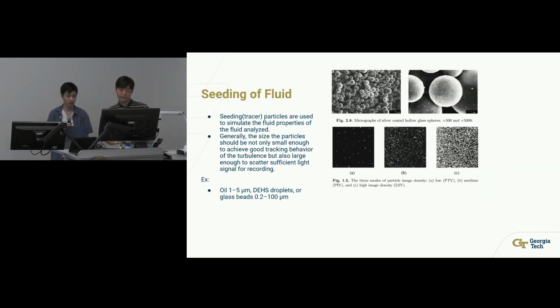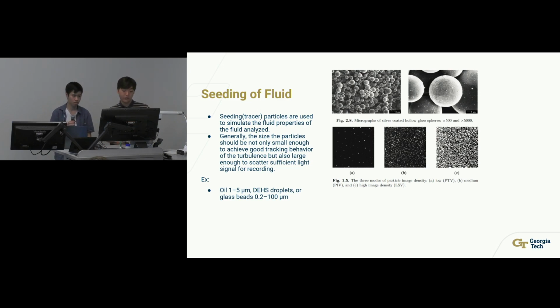The seeding of the fluid involves tracer particles that are used to simulate fluid properties placed within the fluid. These particles should be effective in following the fluid flow, but also be large enough so that the light shine can be scattered effectively so that the cameras can capture the particles.